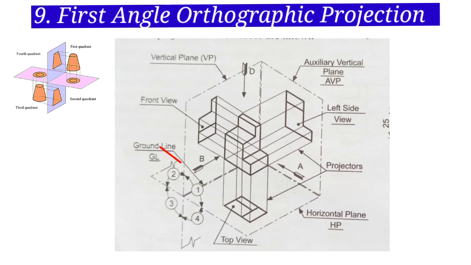The view from D, that is, the top view, is projected on the principal horizontal plane, that is, the HP. The view B, that is, the left hand side view, is projected onto a vertical plane at 90 degrees to the principal vertical plane and the principal horizontal plane. This plane is known as an auxiliary vertical plane or a profile plane.